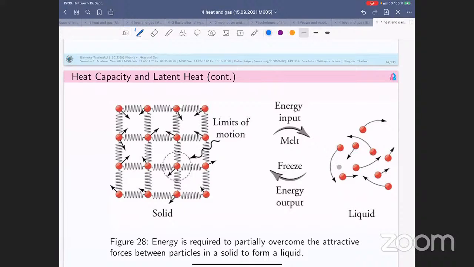And here is the reverse process. If you take the energy out of the liquid phase, you get the solid. It's like the phenomenon in the refrigerator: they take the heat out of the water, and inside the refrigerator you get pieces of ice.